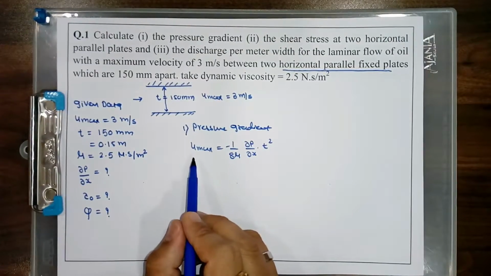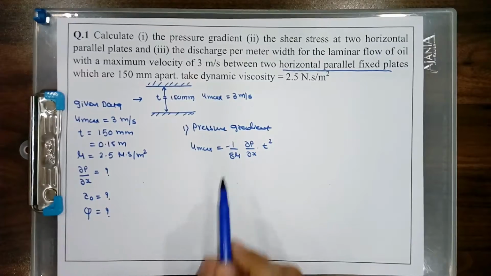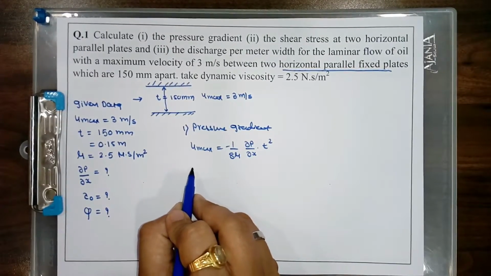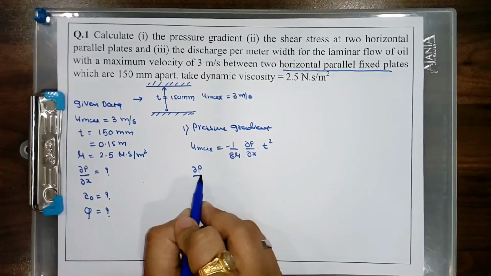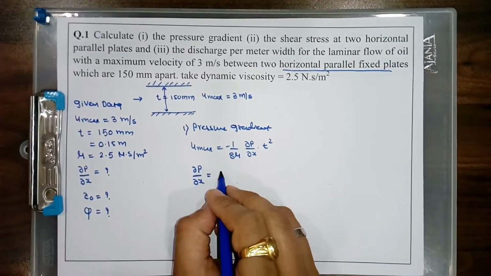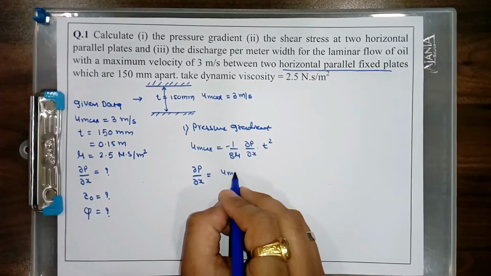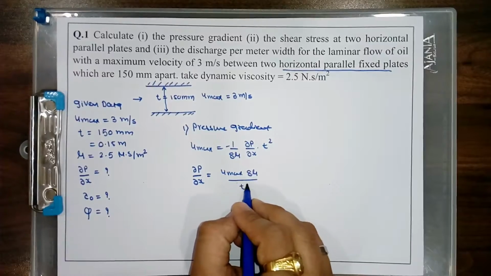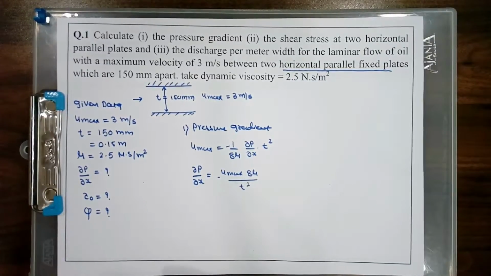We have the value of U max, T and mu, and from that we calculate this dP by dx. So we first make del P by del X the subject, which is equal to minus U max into 8 mu divided by T square.